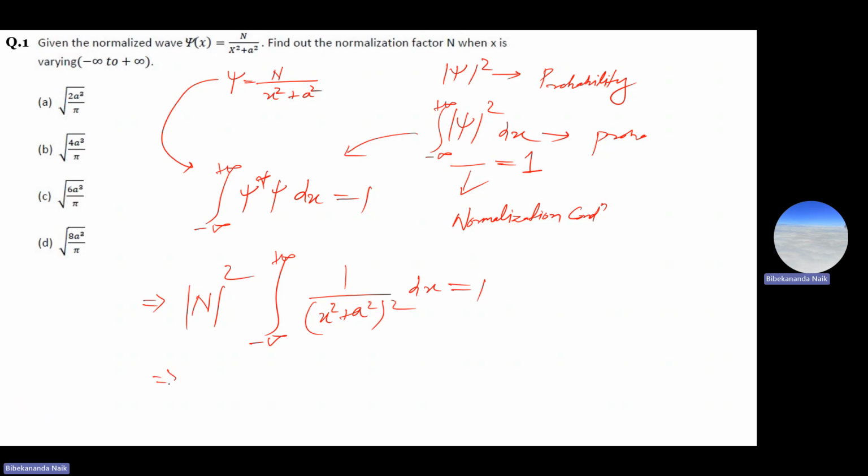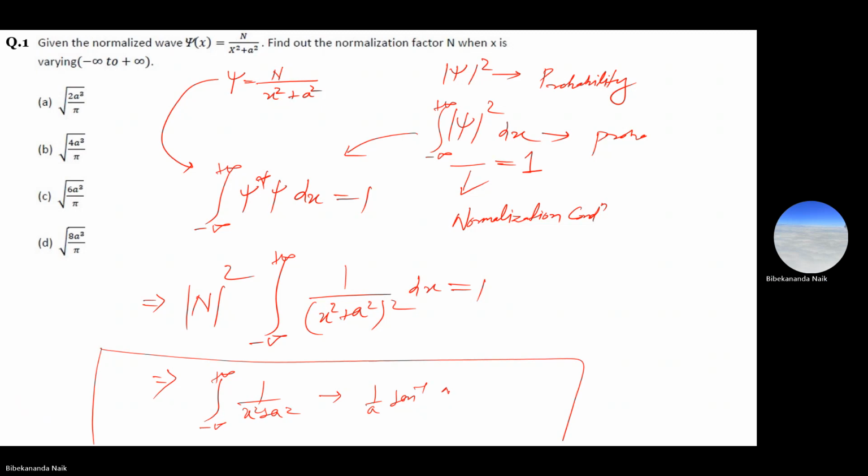Now talking about the integration, there is a formula for this particular type of integration. We know the integral from minus infinity to plus infinity of 1 by x square plus a square is 1 by a tan inverse x by a.